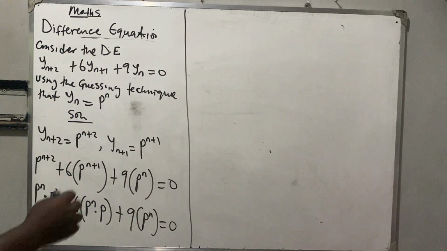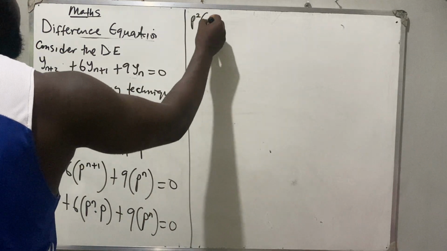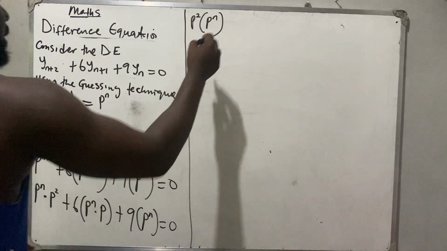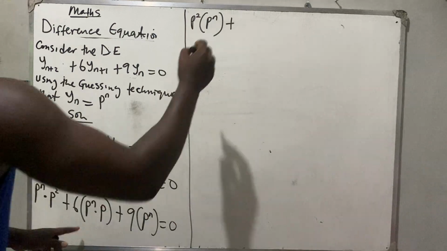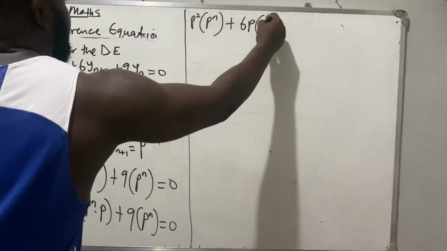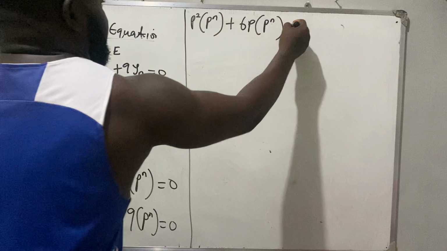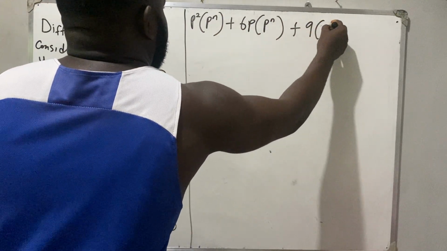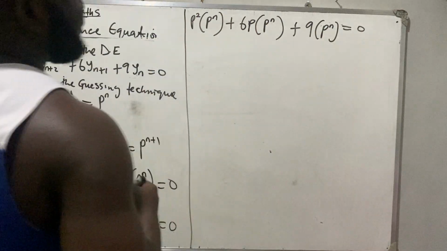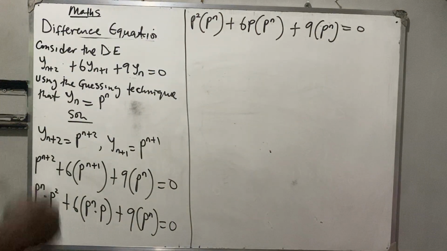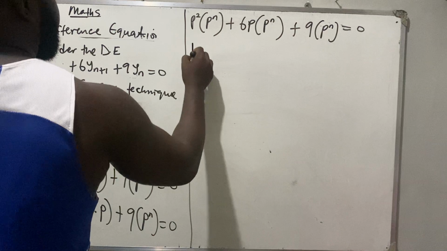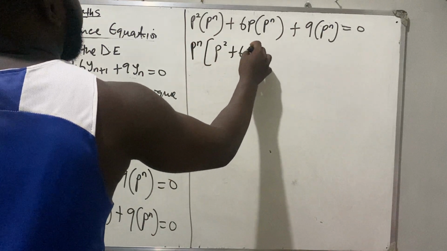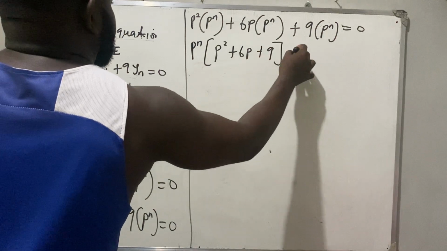Let all the p^n be inside a bracket, since they have something in common. You have p^n times (p squared plus 6p plus 9) is equal to 0.